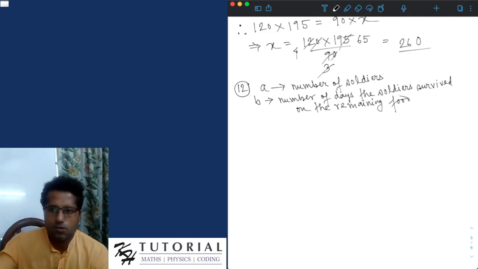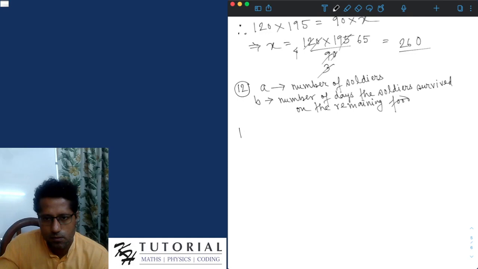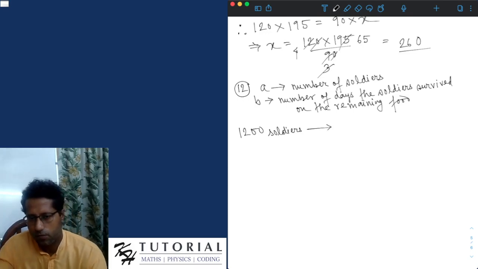So the first data we have is 1200 soldiers.